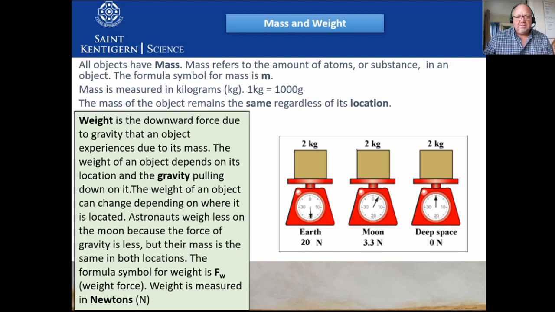But on the moon, that is multiplied by 1.6, and that gives you 3.3. And over here, in deep space, there is no gravity. That's why it is 0 newtons.